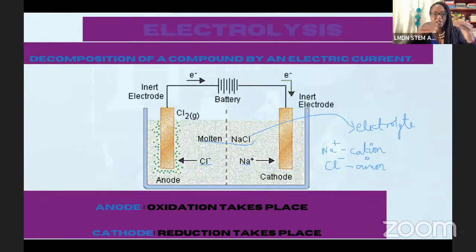So the electrodes are where the charged ions migrate towards, depending on their charge. I said the chloride ion is negatively charged. It's an anion, so it goes towards what we call an anode, right?